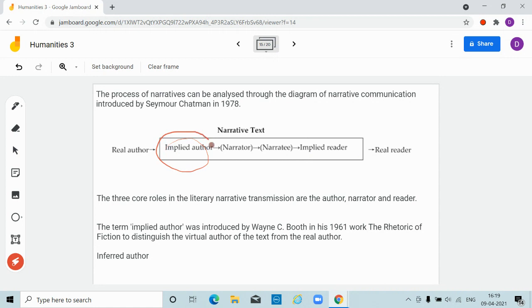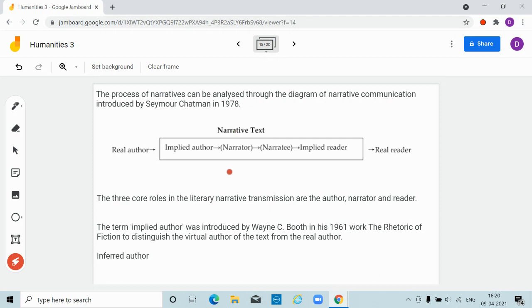The concept of the implied author occurs in the mind of the real reader, and the concept of the implied reader occurs in the mind of the real author, and the narrator and the narratee are characters within the text, right? They are also not real, they are fictional.